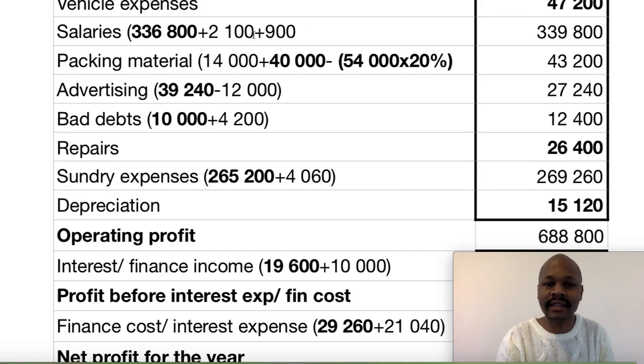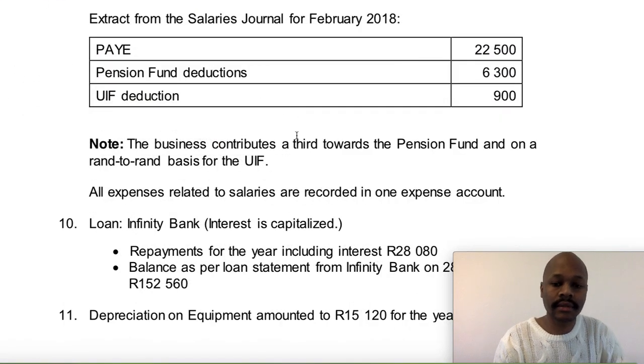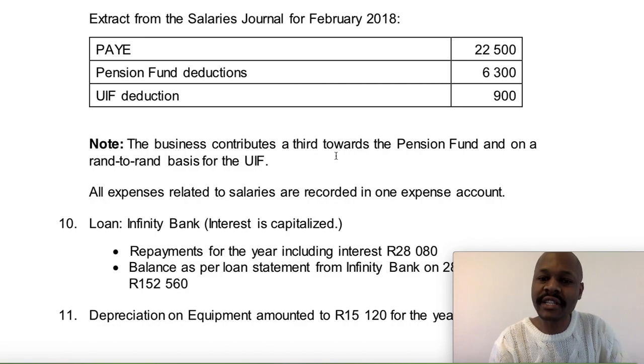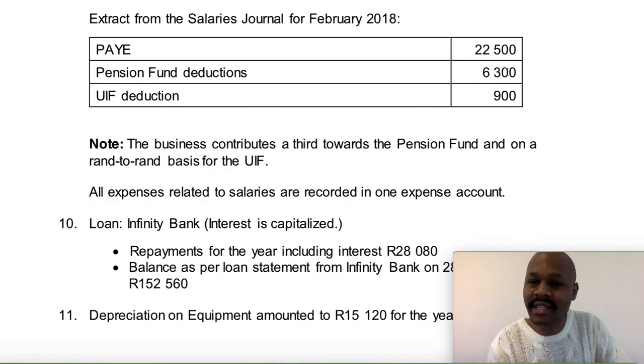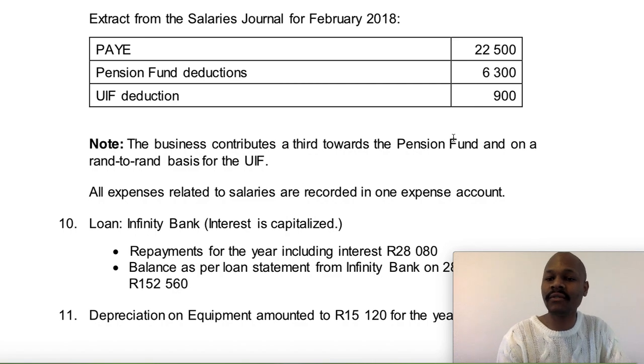We added the amounts together. So we don't separate contributions. We add them to salaries. So we'll say 336,800 plus 900. Where did I get this 2,100 from? Let's find out. They say the business contributes a third. So what's a third? Of pension fund. So when an employee pays 6,300, you pay only a third of what they pay.